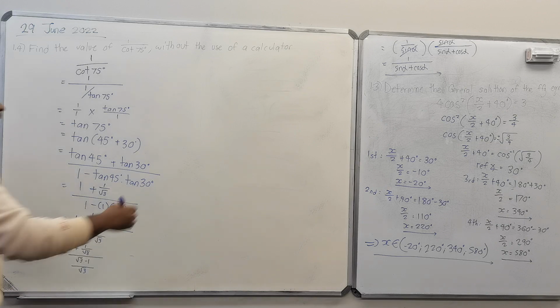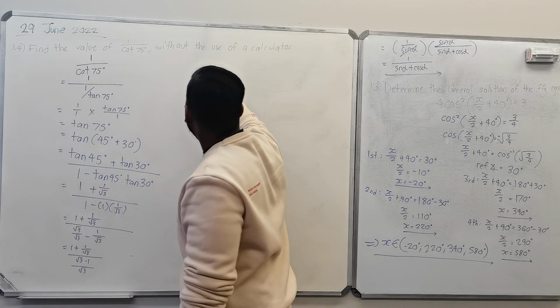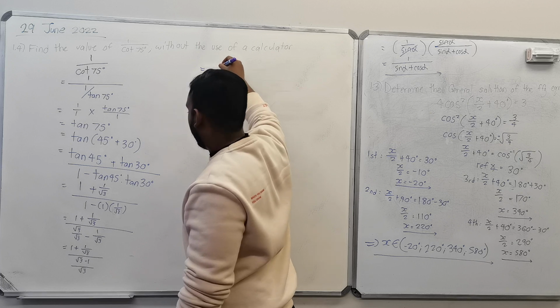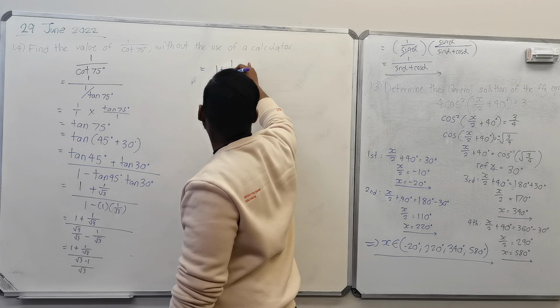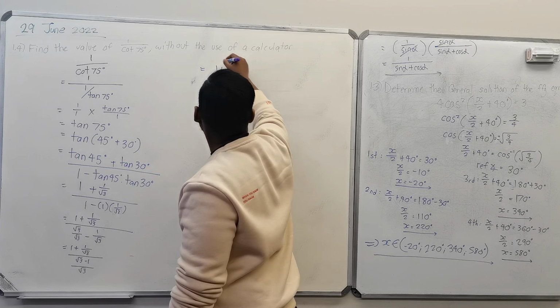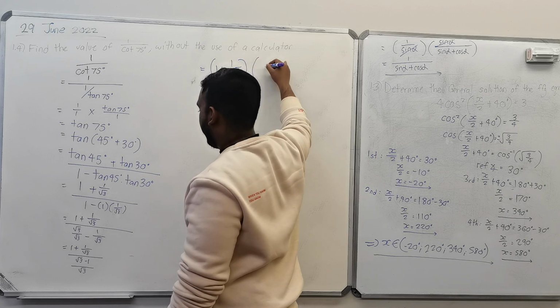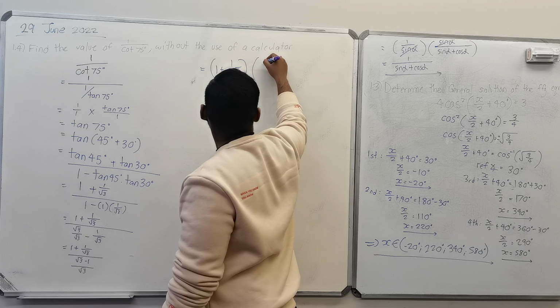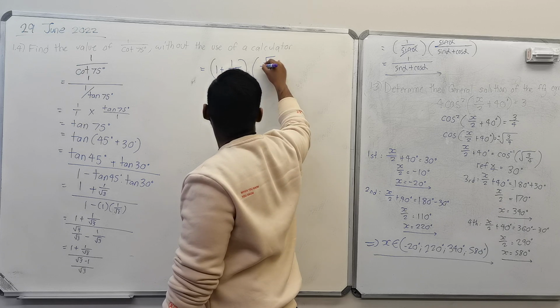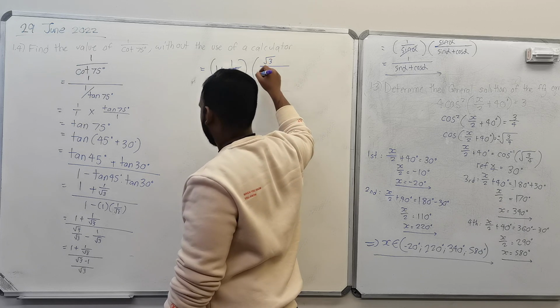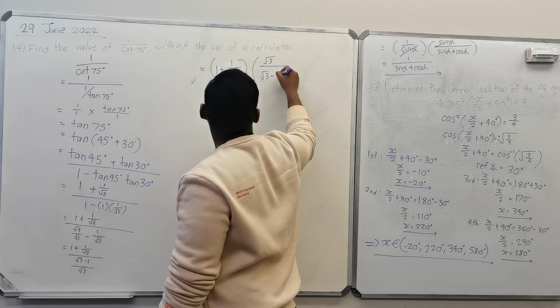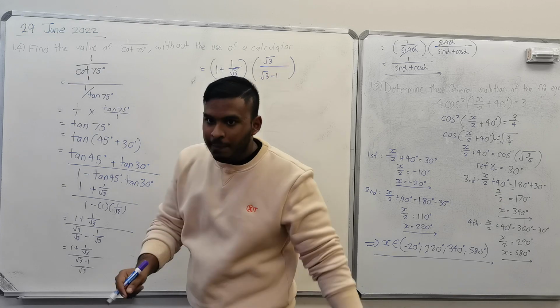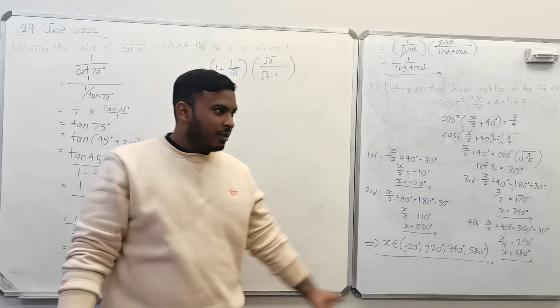Now you will multiply by the inverse. So you have 1 plus root 3 multiplied by root 3 minus 1 over root 3 minus 1. Can you simplify further?